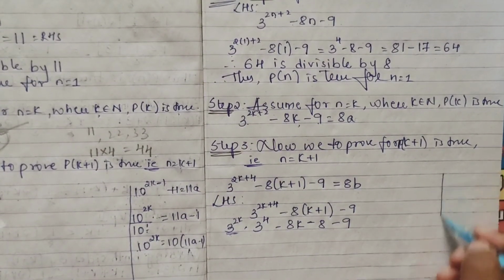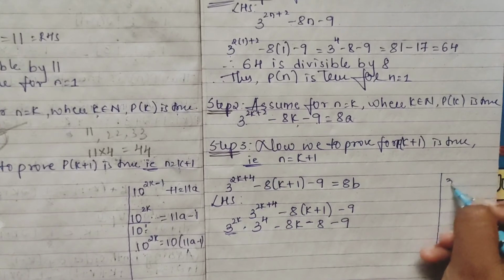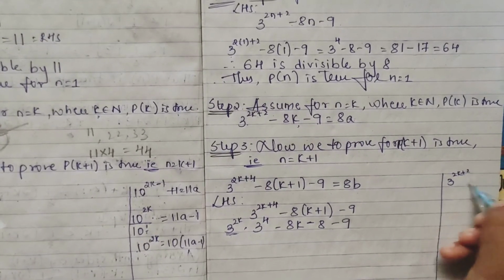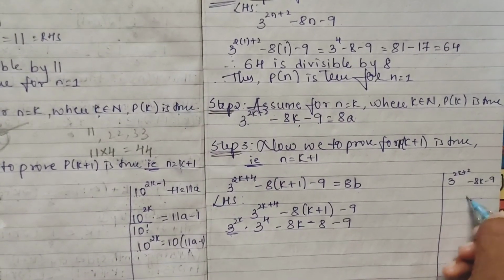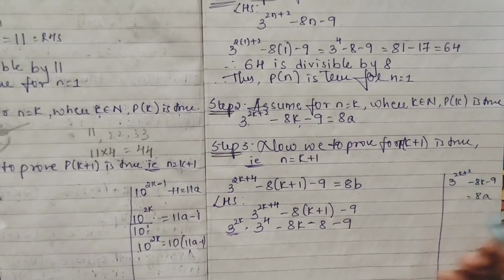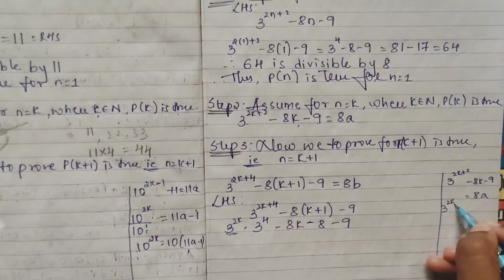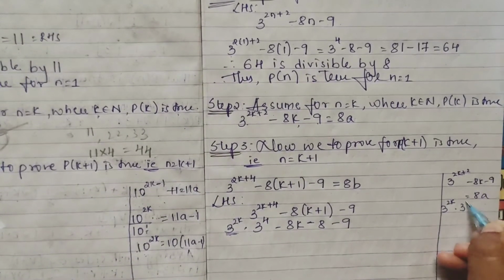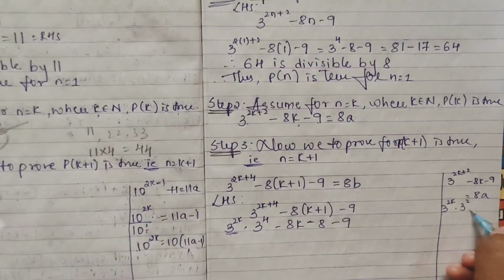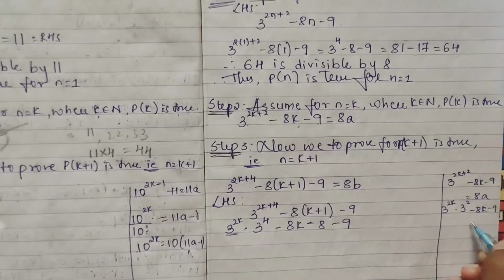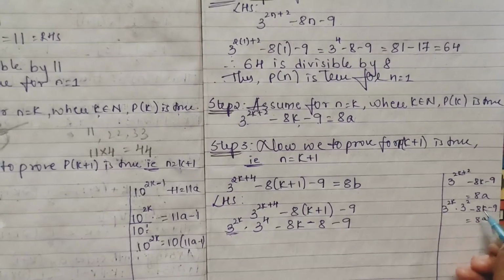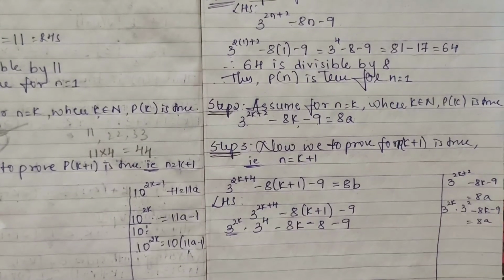From step 2, you have 3 raised to 2k plus 2 minus 8k minus 9 is equal to 8a. Even this we are breaking: 3 raised to 2k into 3 square minus 8k minus 9 is equal to 8a. Take everything to your left hand side.